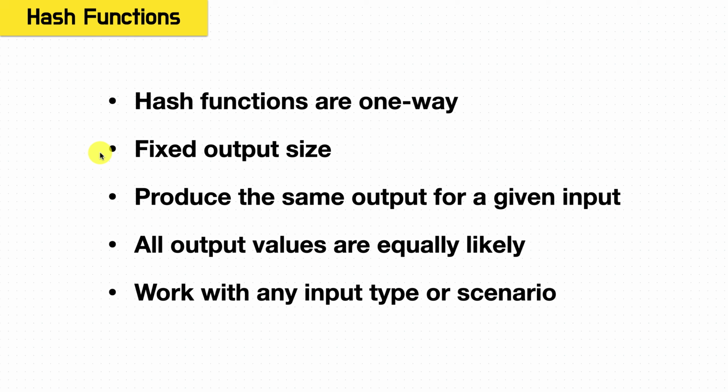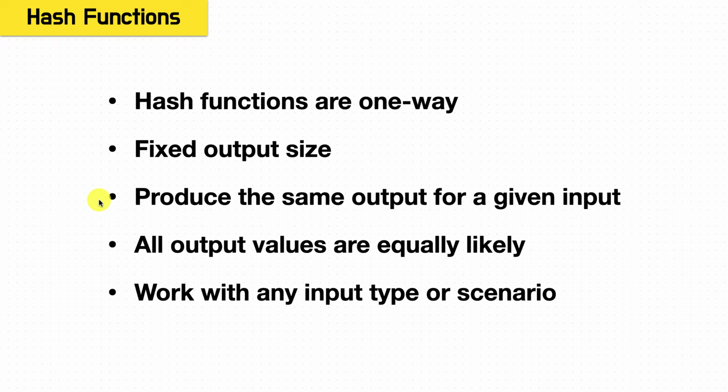But one thing to note with the fixed size output, there's a limited number of values that these hashes can take on. This means it's possible that some keys can hash to the same index. When two items can hash to the same value, this is a concept known as a hash collision, and we'll cover how this works in a few slides. And having this fixed size output is one reason hash functions are one way. If two values can take the same hash, this means we can't figure out the value that produced this hash.